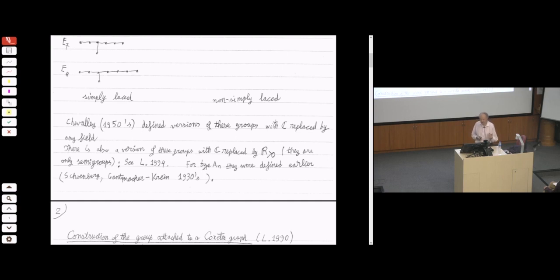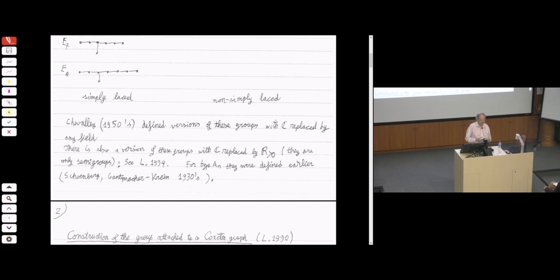After these things were introduced by Killing and Cartan, much later Chevalley defined versions of these simple Lie groups, where complex numbers were replaced by any field. In this lecture, I will also talk about some more recent development in which the same groups can be defined over something different from a field.